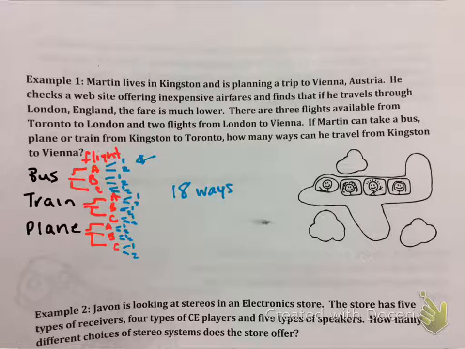So this is when we do this. If we do 3 in our first choices times 3 in our second choices times 2 for my last choice, I would also end up with 18.